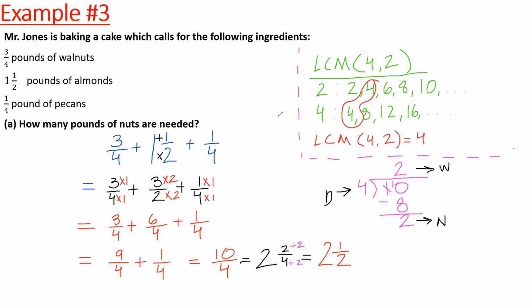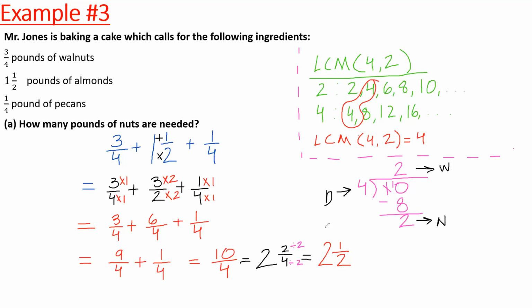All right. Yes, sir. All right, good. Johnny, do you understand how we got our answer? Yes. Angel, do you understand how we got our answer? Yes, sir. And Bethany, you understand? Yes, sir.